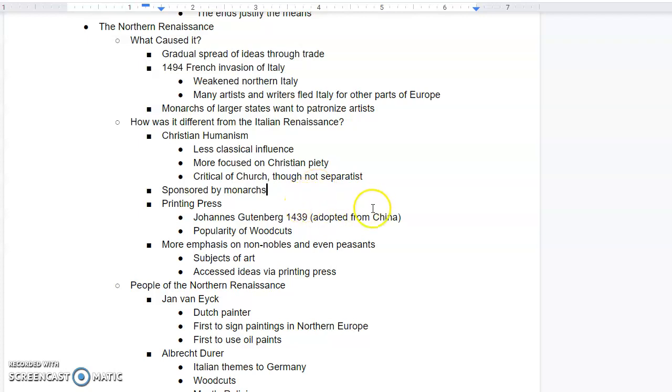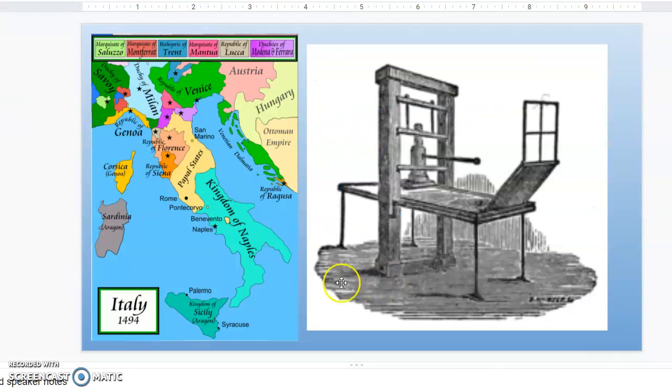Now, the printing press had originally been adopted from China. The trouble is, the Chinese language with its characters is not very well suited to easy use by the printing press. And so in Germany, it was adopted by Johann Gutenberg, and we'll take a look at a printing press, for example.